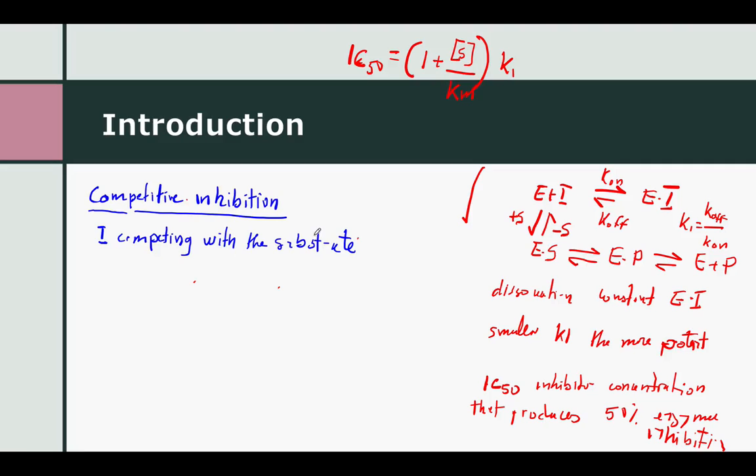It can simply block and not be transformed by the enzyme, or it can actually react with the enzyme and then produce what we'll call useless metabolites.